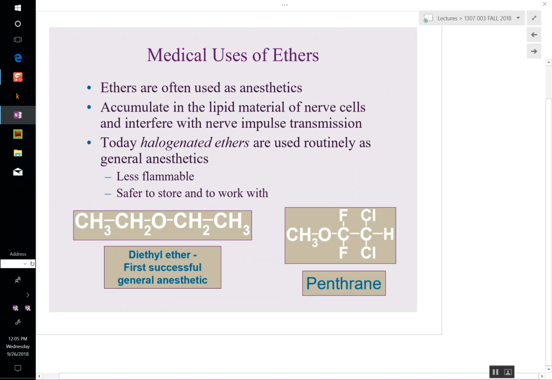Okay, here are some anesthetics that are ethers. Diethyl ether, first successful general anesthetic. Penthrane. So this is another anesthetic. It's an ether. Carbon, oxygen, carbon bond in here. So that's penthrane.